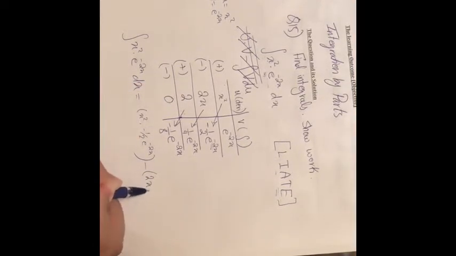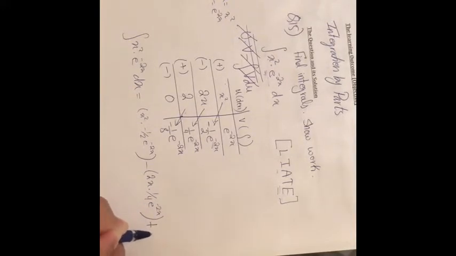So the integration of x squared times e power minus 2x dx will be the first x squared times minus half e power minus 2x, and then minus 2x times 1 over 4 e power minus 2x, then plus 2 times minus 1 over 8 e power minus 2x.